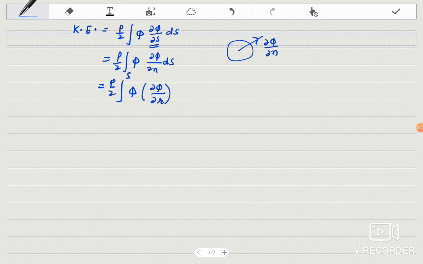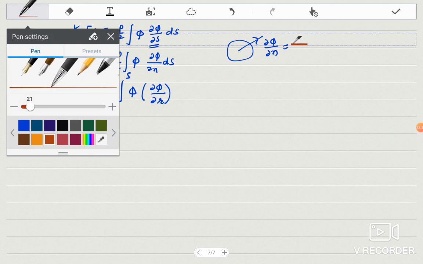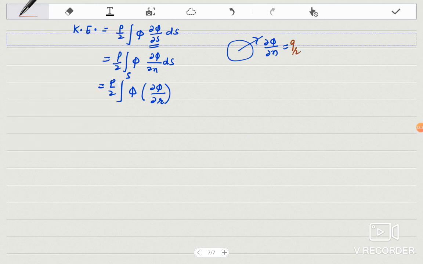This is the radial velocity, which is equivalent to q r, and q r is del phi by del r. And what is ds? This is del s, which will be replaced by r d theta, where theta goes from 0 to 2 pi.